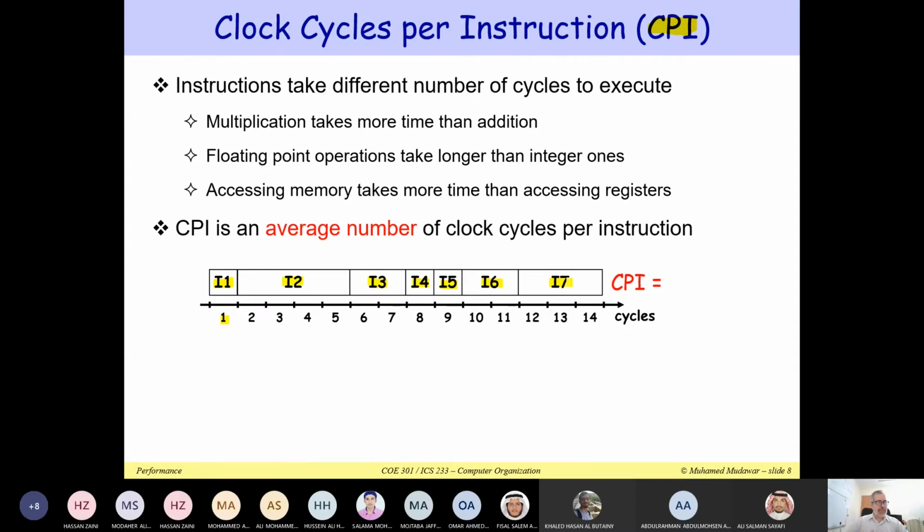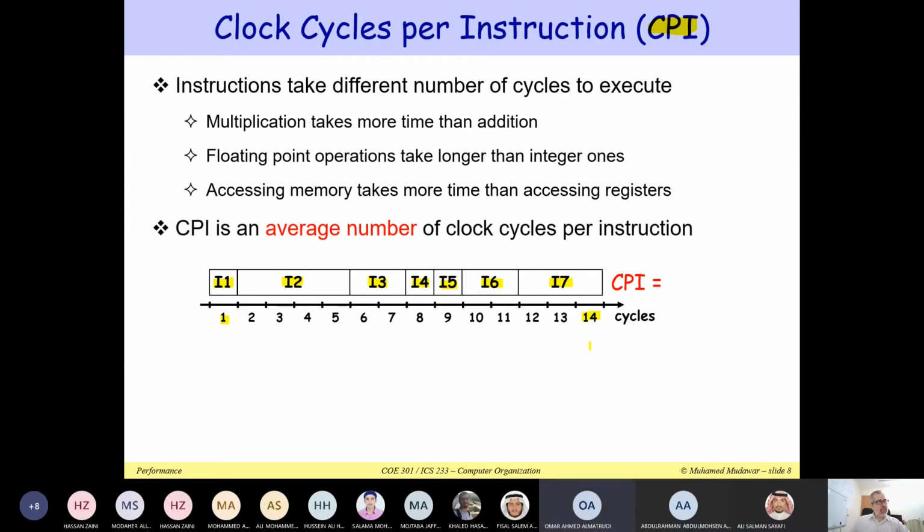How do you calculate the average CPI? You tell me. We count the number of instructions and divide it by 7. Yes. So we count what? Number of cycles. Yeah, we count the number of cycles. It says that we have 14 cycles over the number of instructions.